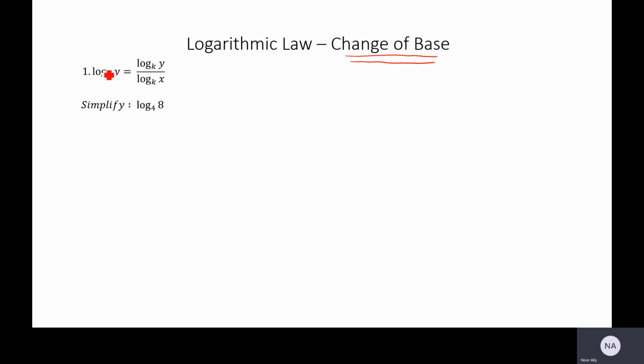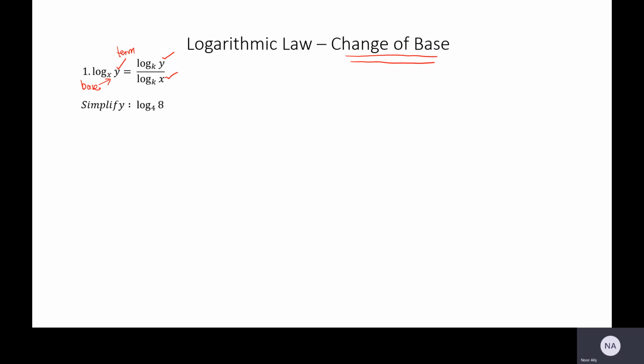Well, there it is. The log of a term y to the base x. So that's your base, and that's the term or the argument. That can be written as the log of that term y divided by the log of the base x.